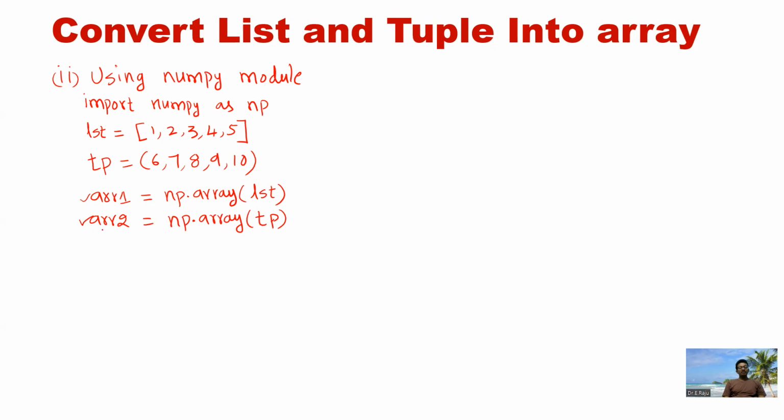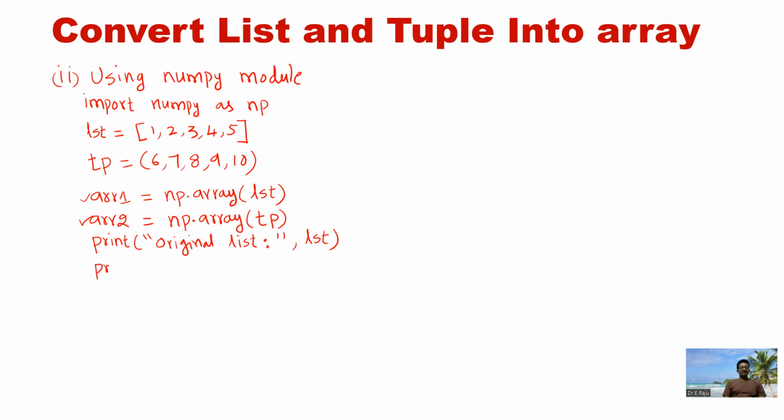Now we'll print the original one and the converted array, to see how it looks after converting into an array. We will print both of them as we did in the previous method. First I am trying to print the original list. The variable name is lst.